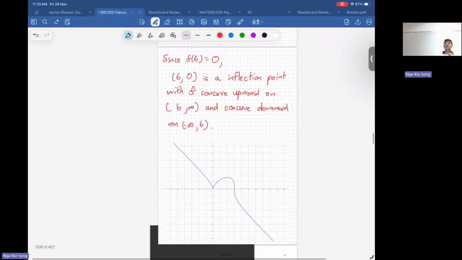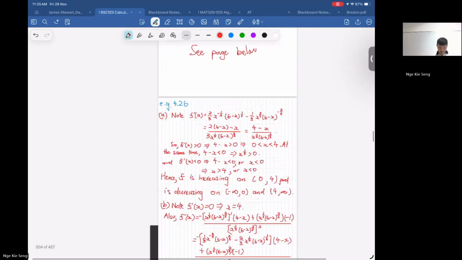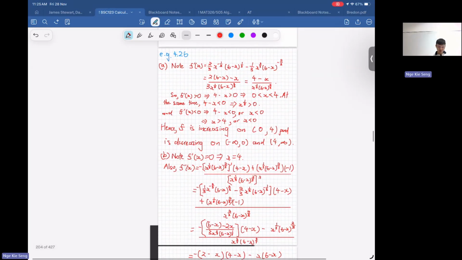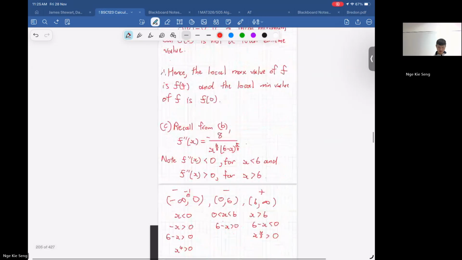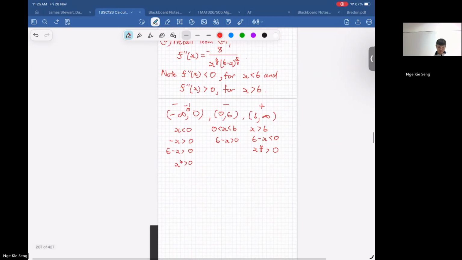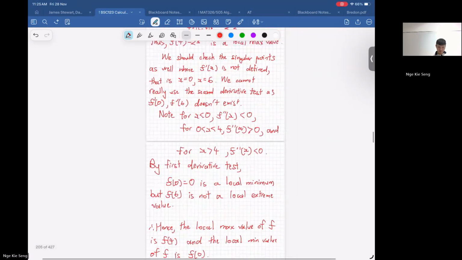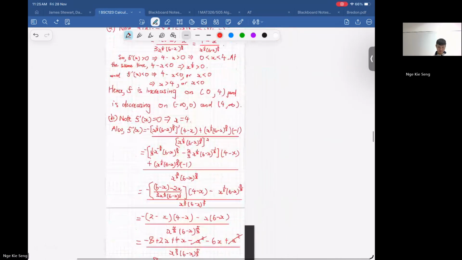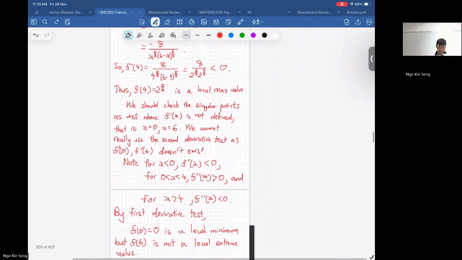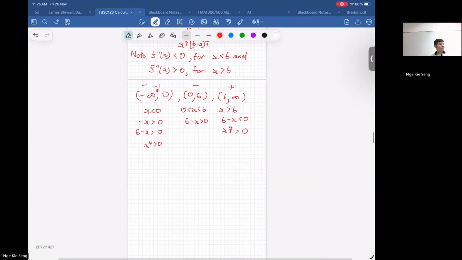Anyone got a problem with this calculation? This example, 4.26. What did you get?